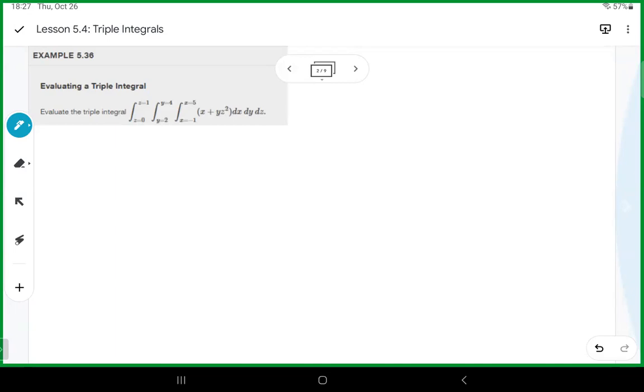So, all right. I'm not gonna do the rewrite of the problem. You guys can see it there. I'm gonna go to the first step. So we're gonna have 0 to 1 for the z, 2 to 4 for the y, and then we're gonna go ahead and do our integration. x squared over 2 plus x y z squared, from -1 to 5, and then dy dz.